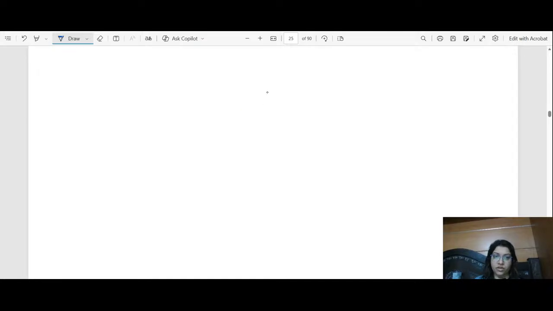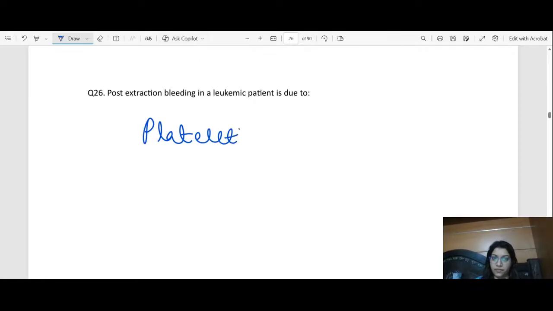Next question. The post-extraction bleeding in a leukemic patient is due to increase in the leukocytes, low calcium level, deficiency of clotting factors, or platelet disorder. So the answer here is the platelet disorder.